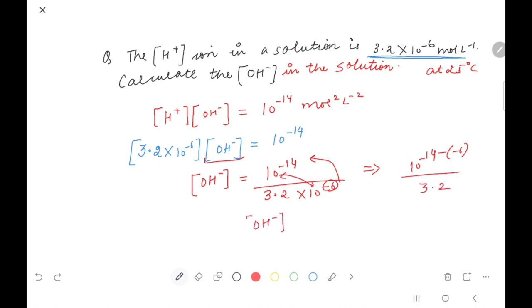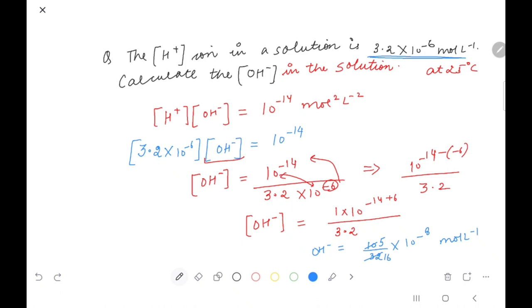So the OH negative ion concentration here shall be 10 raised to the power minus 14 plus 6 over 3.2. So you have 10 over 32 into 10 raised to the power minus 8. This much moles per liter is the concentration of OH negative ion. So you will calculate: 2 5s are 10, 2 16s are 32, so 16 3s are 48.